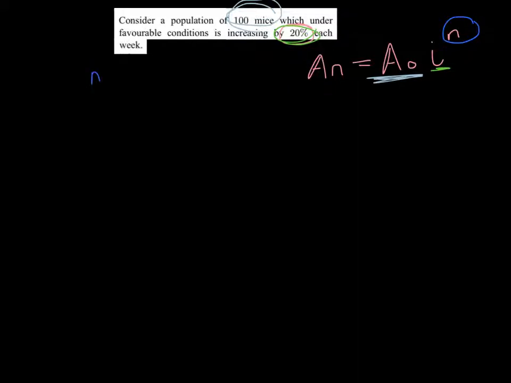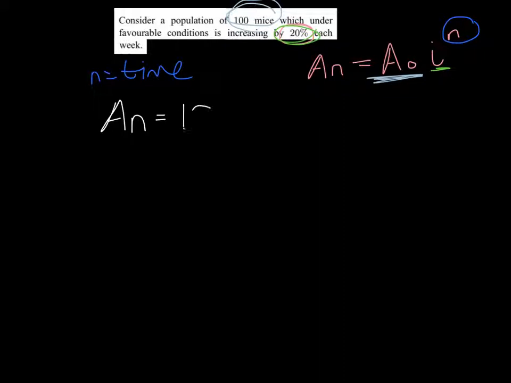So n will be the time. Let's look at what we have so we can plug it in together. Say the question asks you, what is the population of mice after a week? You will have to go back and plug it all into your formula. I want to know what my population is after the amount of time, and the amount of time for us is a week.